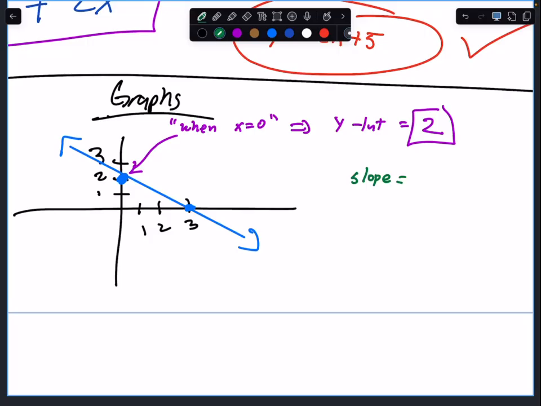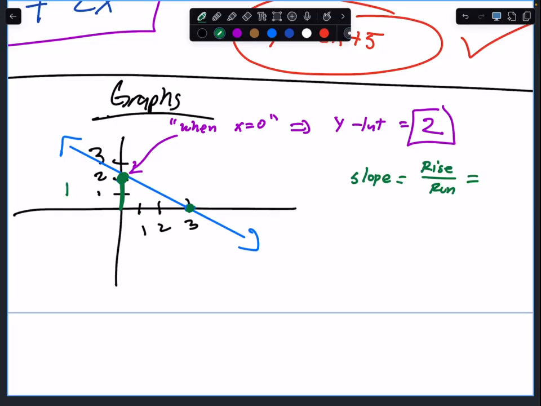From a graph. Yes. How much it goes up? Or what is also how much it goes up by or down? What do we call that in math? There we go. Rise over run. Which in this problem, from this point to this point, how much did it rise by? Well, did it go up by 2 or down by 2?